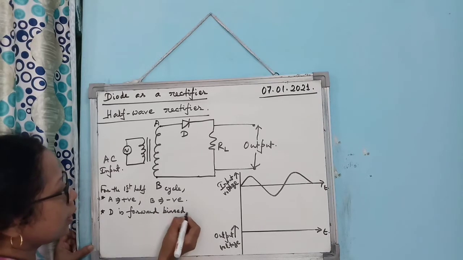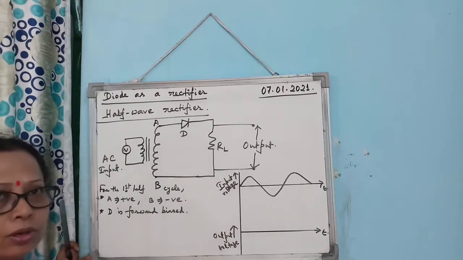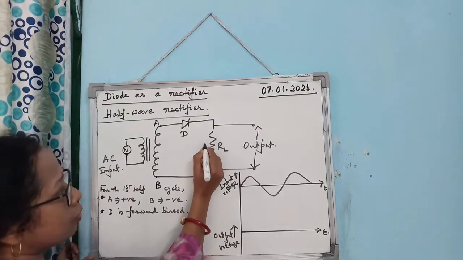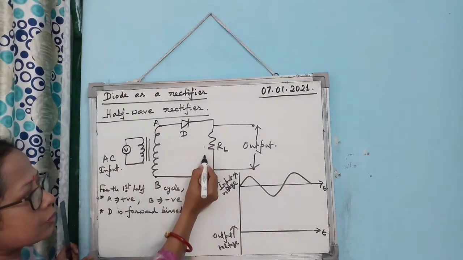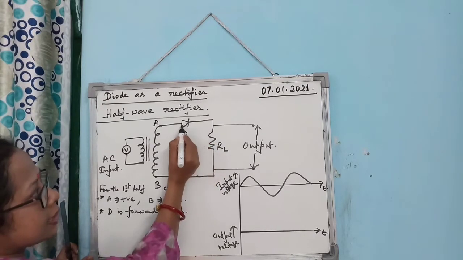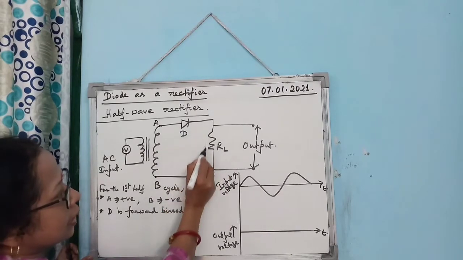So you know, when it is forward biased, then the current will flow. And what is the direction of the current? P to N. So the current will flow along this direction. If you consider the load resistance, the current is flowing from top to bottom, in this direction, P to N. Always current flows from P to N. So the current will flow.